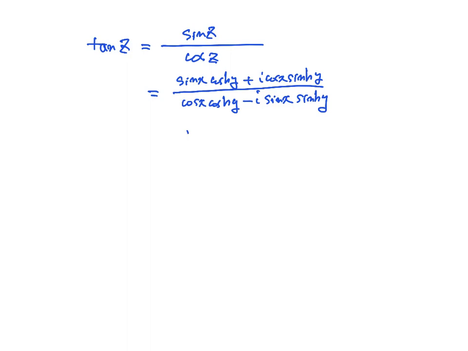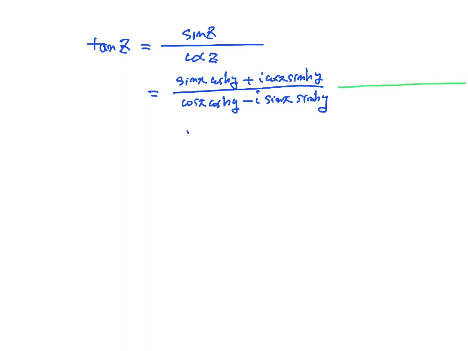I need to check this. Looks complicated, right? So when you have a complicated situation, what do you do? Just do nothing, or multiply by 1.